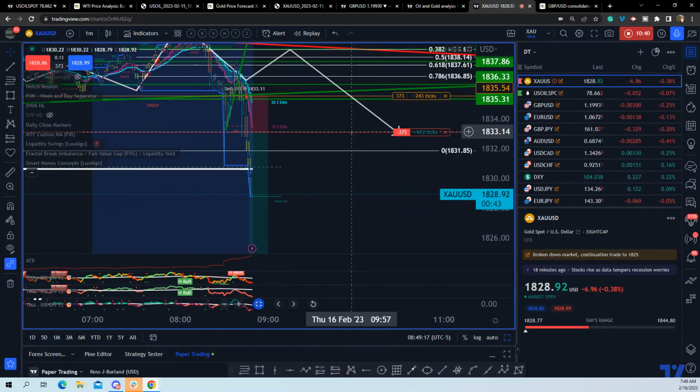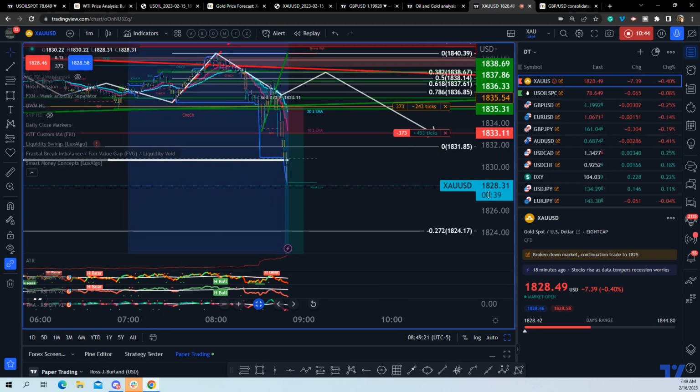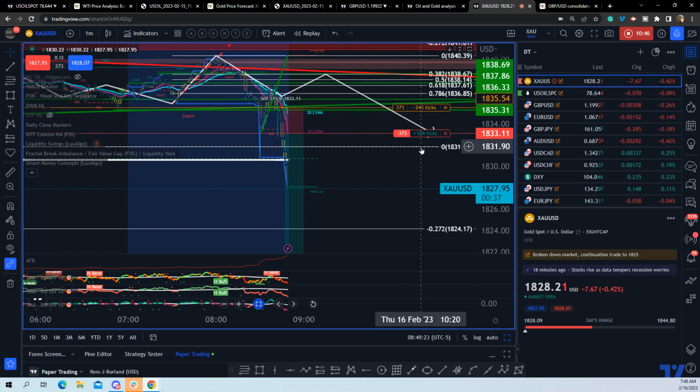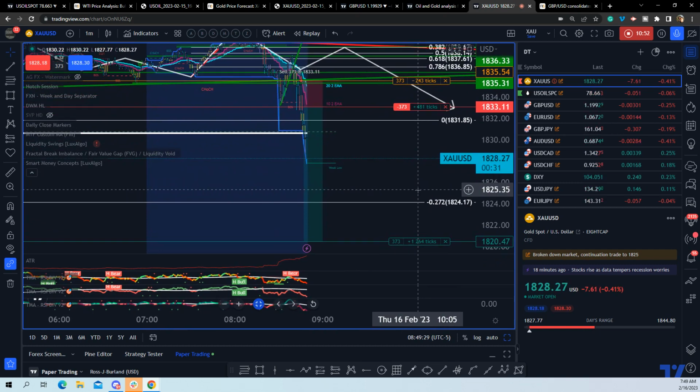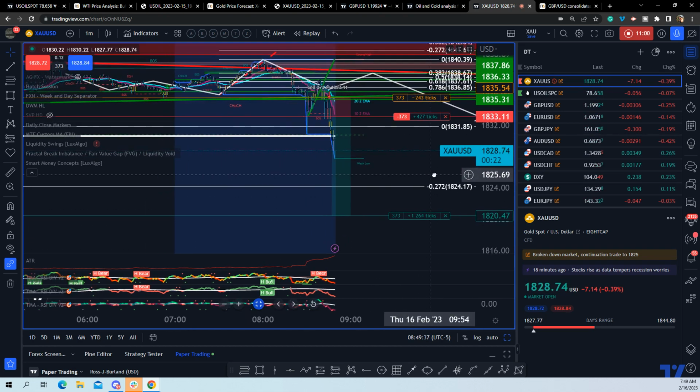Regardless of that really terrible fill, we're doing well on gold. It's coming down to our 25 target that we've been calling. And I've just left some in there because I think the dollar's got a lot to run.